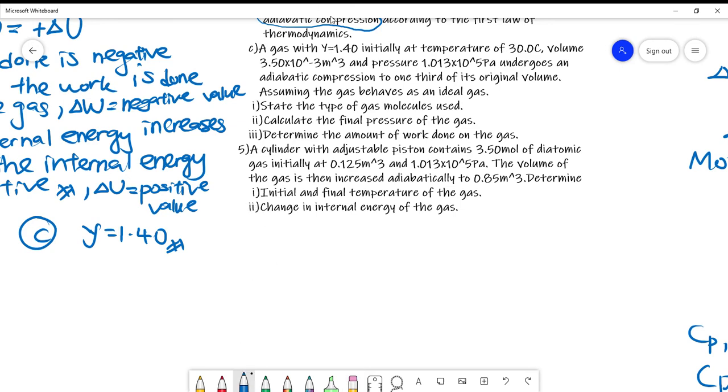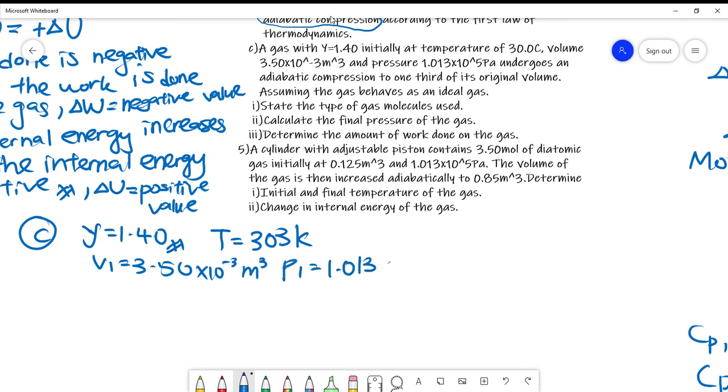Okay, so this is gamma, initially at the temperature of 30 plus 273, which is basically 303 K. The volume is 3.50 times 10 to the power negative 3 meter cube, and the pressure is 1.013 times 10 to the power 5 Pascal.